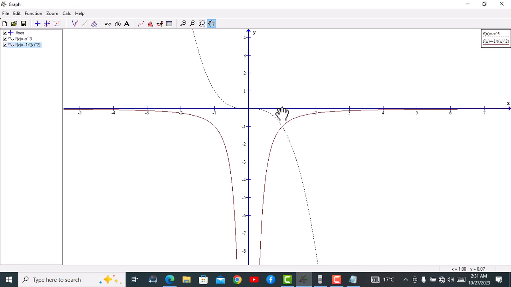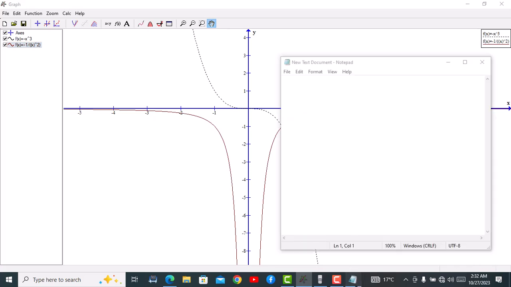When x is equals to 1, y is equals to 0.07. But I want to stand somewhere here. So let me go a little bit. Yes. When x is 1, y is negative 0.71. Very important that we understand that.